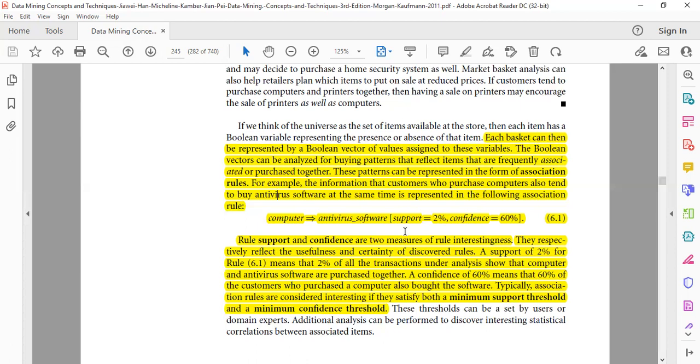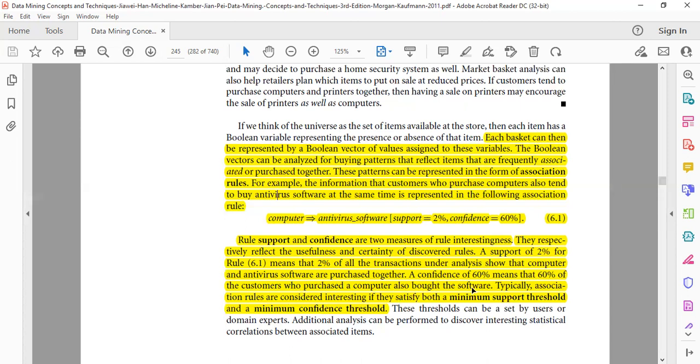Whenever we compute support, we consider the total number of transactions and both the items written in the association rule. If they are purchased together, then this forms the support. Another term we see here is confidence, and the confidence value is 60%. This means that 60% of the customers who purchased a computer also bought the software.